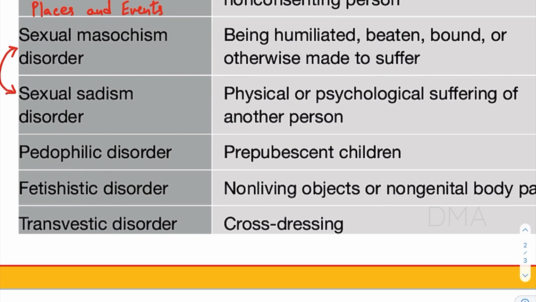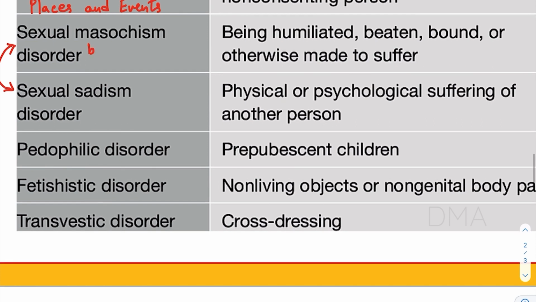Whereas when you look at sexual masochism disorder, the person is getting sexual pleasure if his or her partner inflicts pain on them. So masochism is on the receiving end of the pain, whereas sexual sadism is inflicting pain on their partner and getting sexually aroused.